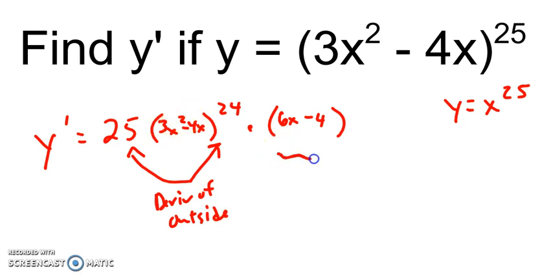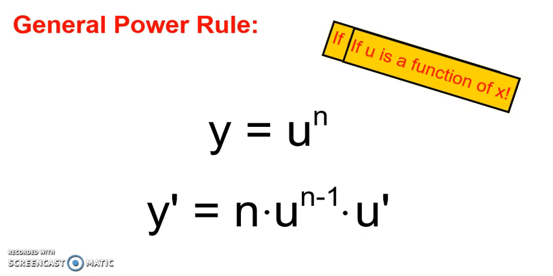And then again, this is the chain portion of it, which is the derivative of the inside. And here's just another way to actually write the chain rule. Just another way to think about it. It's the general power rule if you use a function of x.